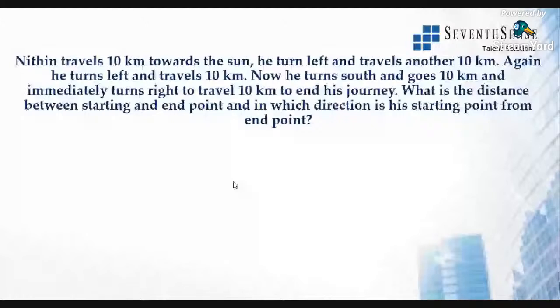So here they're telling he travels 10 kilometers towards the sun, right? But have they mentioned any time there? We have to consider two different conditions, because towards the sun might be east or it might be west, as they have not mentioned clearly whether it is sunrise, that is morning, or sunset.